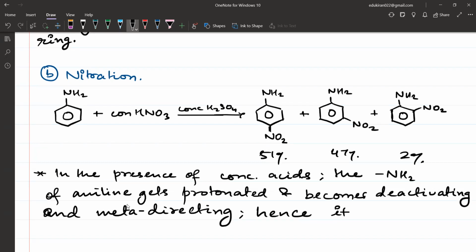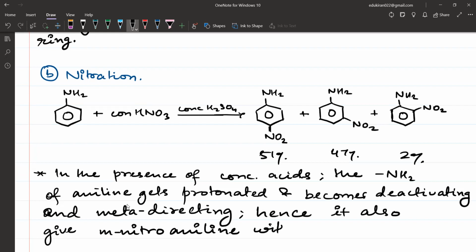Hence, it also gives m-nitroaniline with o and p isomers. With the ortho and para isomers, that means with ortho nitroaniline and para nitroaniline, we get meta nitroaniline.